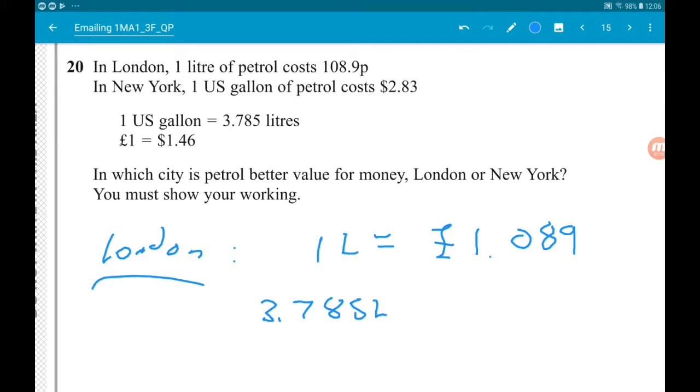So 3.785 litres is going to cost, now we need to do 1.089 times 3.785, and that gives us 4.121865. So that's pounds. Really, we'd be fine just going 4.122.